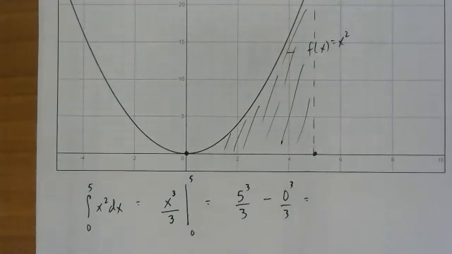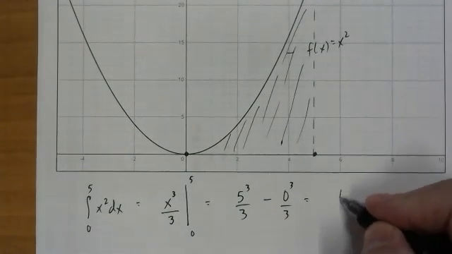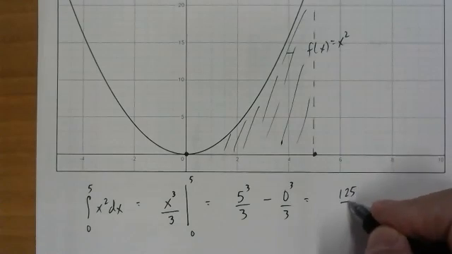Now on the specific homework problems, you'll have to look. Sometimes they may want an exact answer, which means you don't round off your decimals, but sometimes they do want you to round off. For this one, 5 cubed is 125.